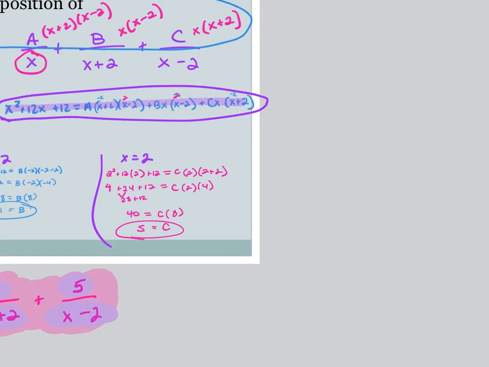So on the right hand side, this would be A times x squared minus 4 plus bx squared minus 2bx plus cx squared plus 2cx, this becomes ax squared minus 4a. And then you group all the x squared terms together and set it equal to the x squared on the other side. You group all the x to the first terms together and you set it equal to the 12x that's on the other side.